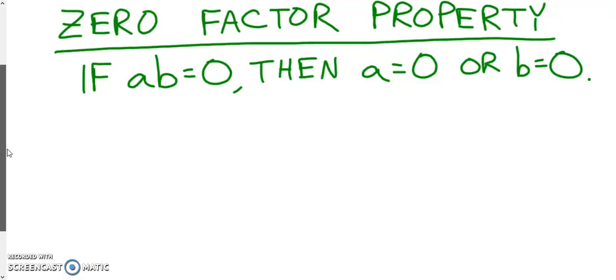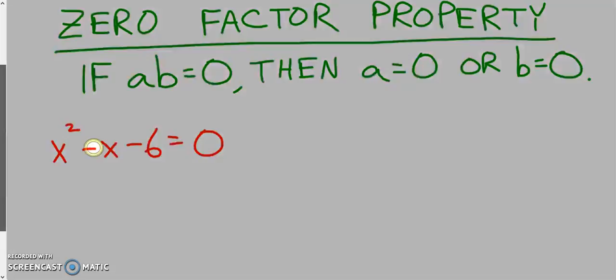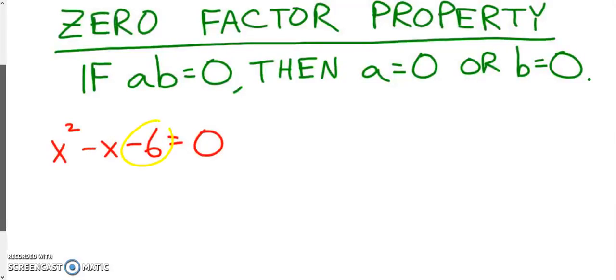Let's say I have x squared minus x minus 6 equals 0. The first thing to notice is that this is equal to 0. So we have to factor the left-hand side. Remember, we have to see what will add up to -1 but multiply to give me -6.